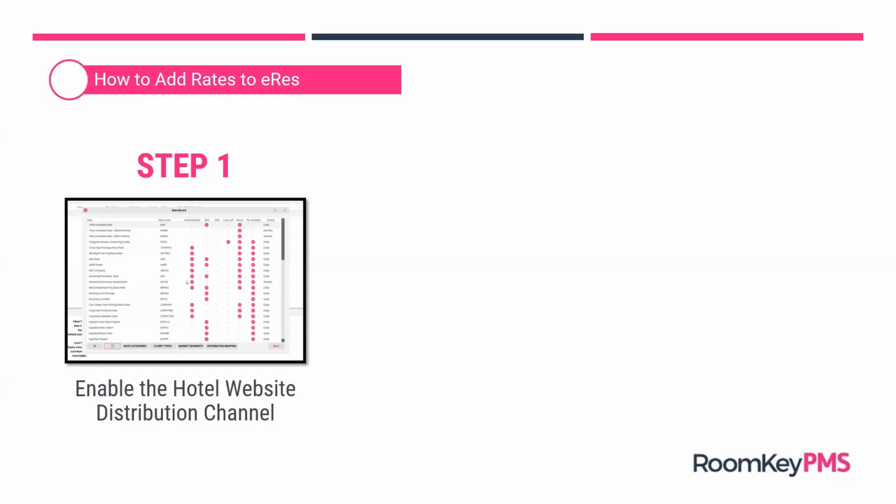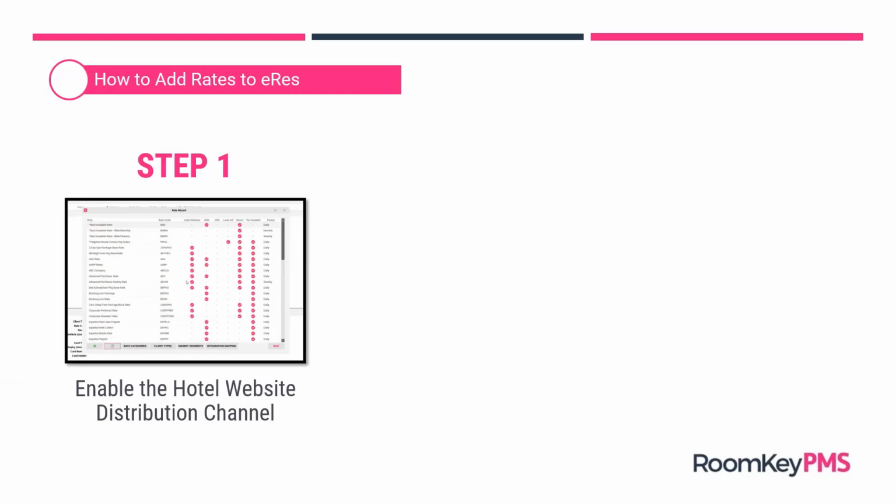This process is going to assume that you already have a rate built inside RoomKey, inside Rate Wizard, and this will show you how to use that existing rate and distribute it to the eRes booking engine.